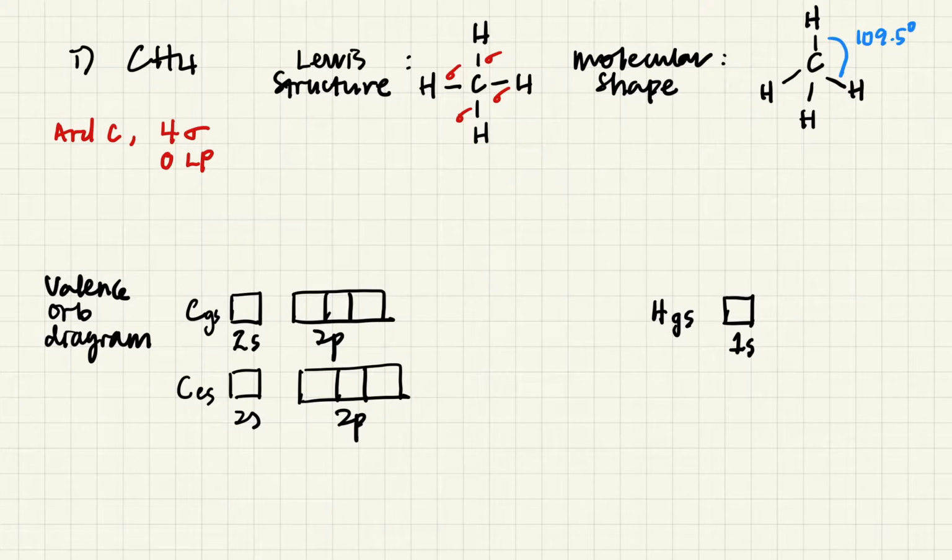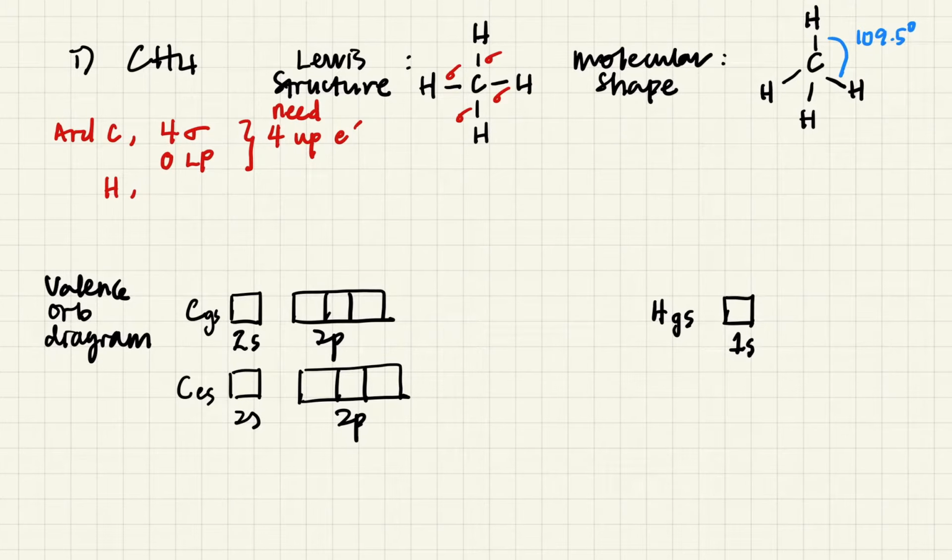Okay. If you have 4 sigma bonds in your Lewis structure, that means you will need 4 unpaired electrons around carbon, in the carbon atom. Okay, so then you're going to look at your hydrogen. So hydrogen also will form 1 sigma bond with the carbon.